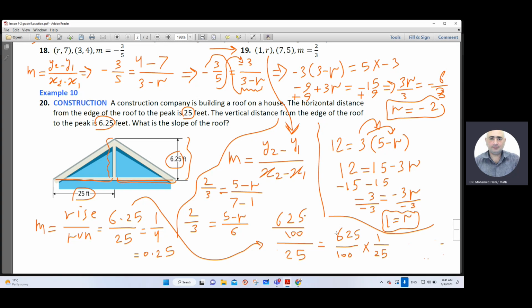Write the same numerator and take the reciprocal of the denominator. What is the reciprocal of 25? Will be 1 over 25. So 625 times 1 will be 625 over 2,500. And if you divide up and down by 625, you will get up 1, and down will be 4, or 0.25.